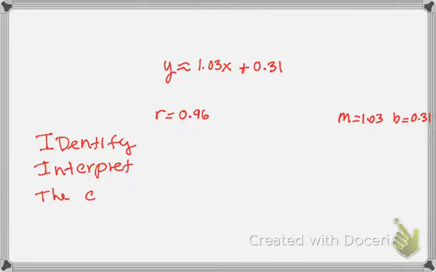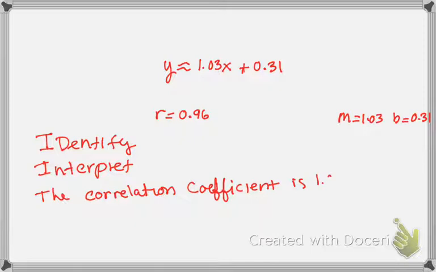The correlation coefficient is 0.96. Since it's close to positive 1, that means it's a positive slope, and it is strong.